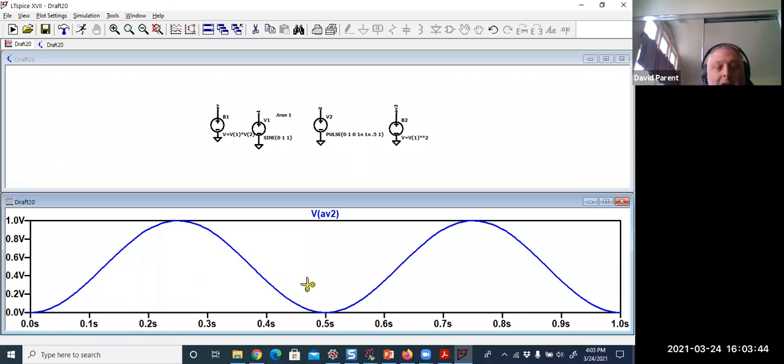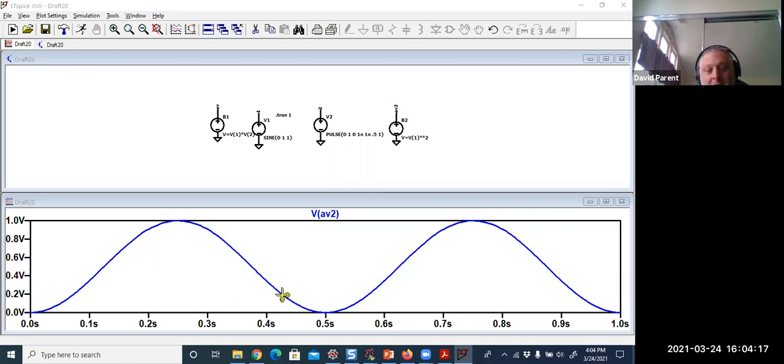Whereas before the sine wave averaged to 0, when we square it, I can see that even though it's a little bit different, here I start at 0 and I'm going up, I'm back at 0 and I'm going up. So in fact, even though the original period was 1 second, this period is half a second. When you square a sine wave, you double the frequency.